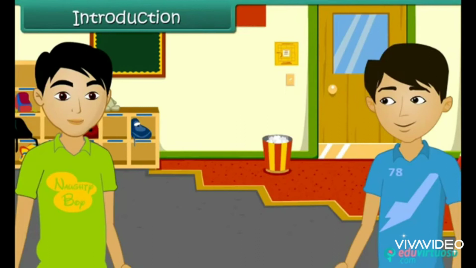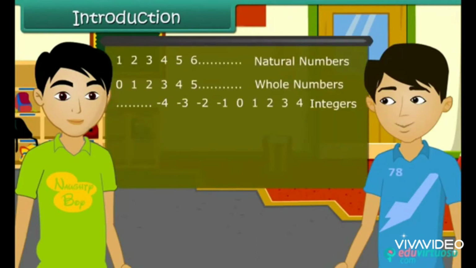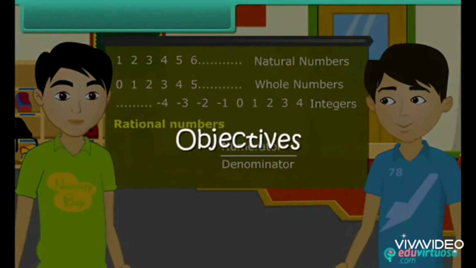As we know, there are numbers like natural numbers, whole numbers, and integers, but a rational number consists of a numerator upon a denominator. Clear? Let's understand more quickly what a rational number is.